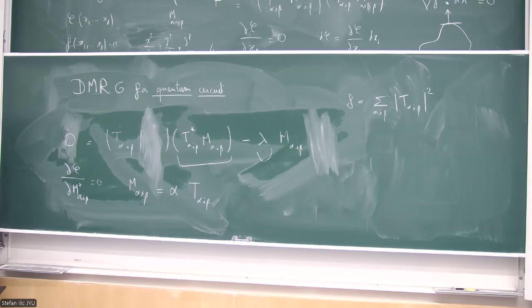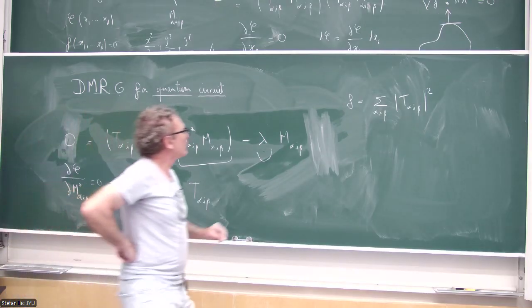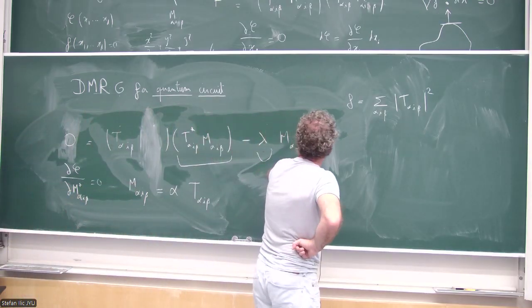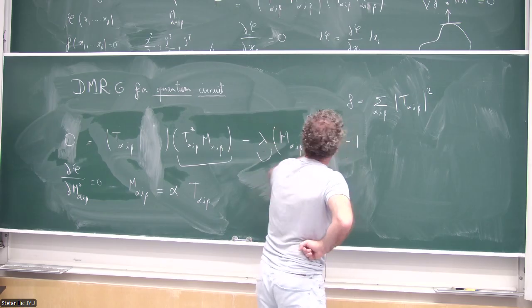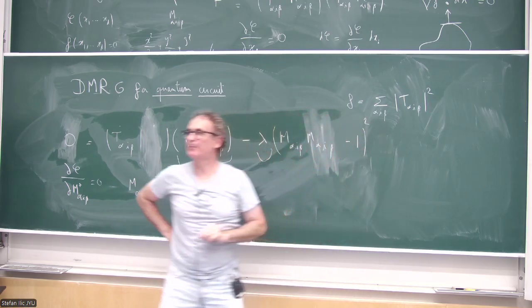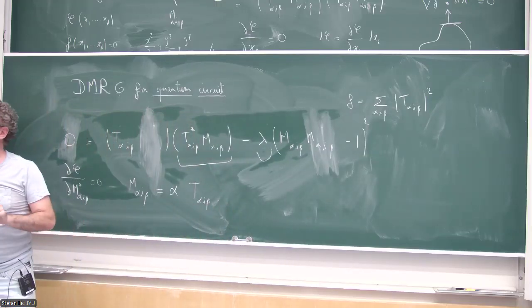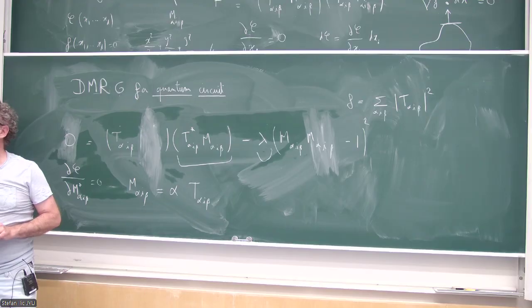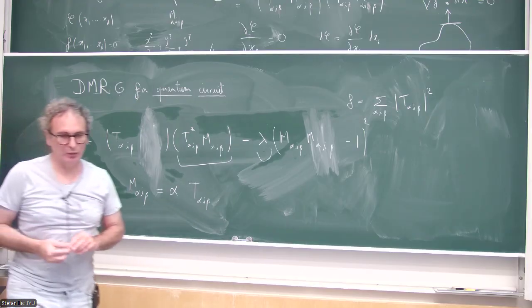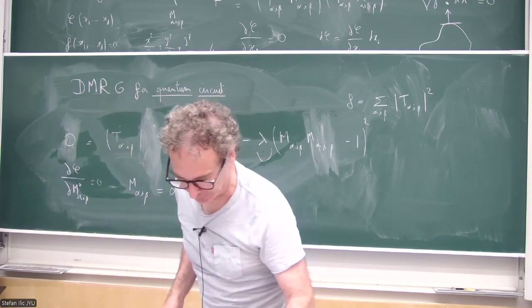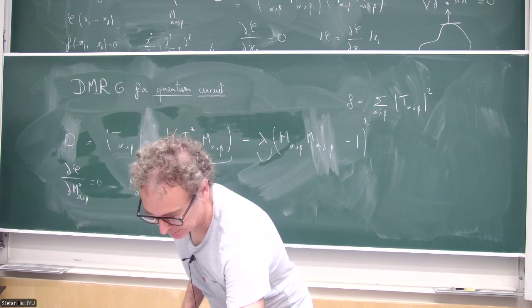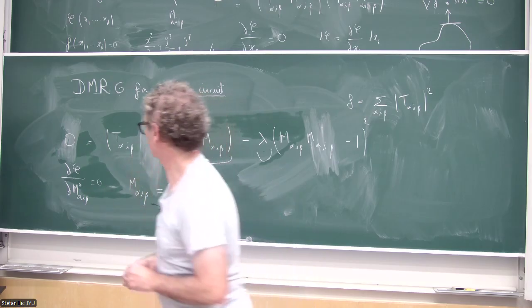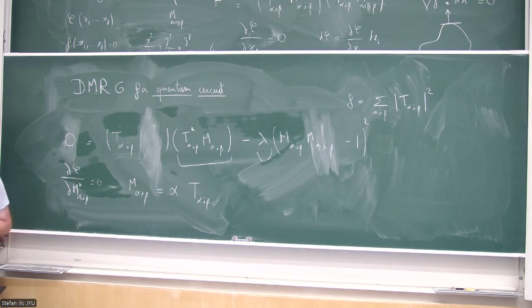I see your point. Properly, yes, you're right. Properly, what I should have done is this minus 1 squared. I want to push the constraint to be homogeneous. Yeah. I need to check the notes. But the result is correct.